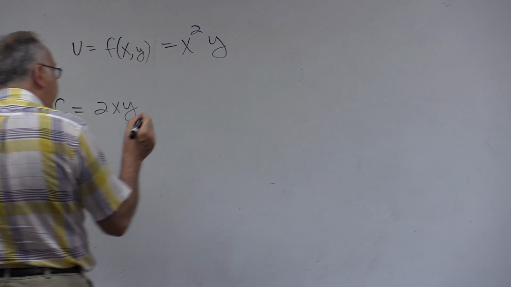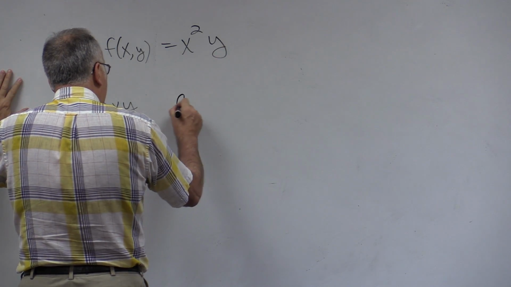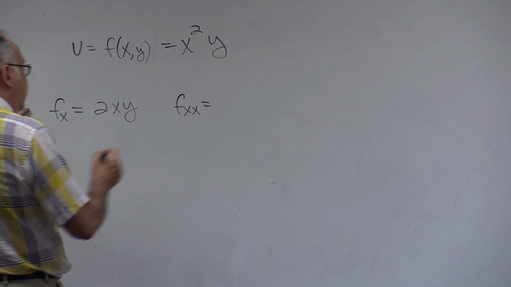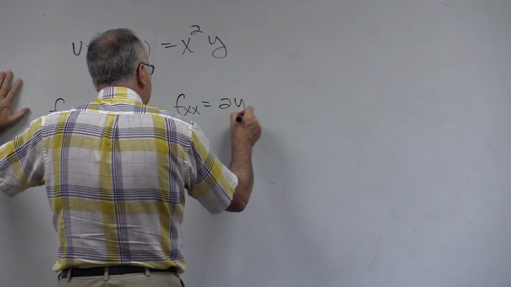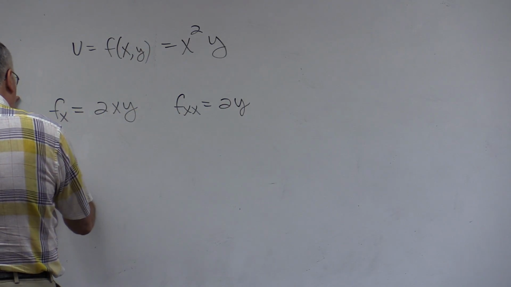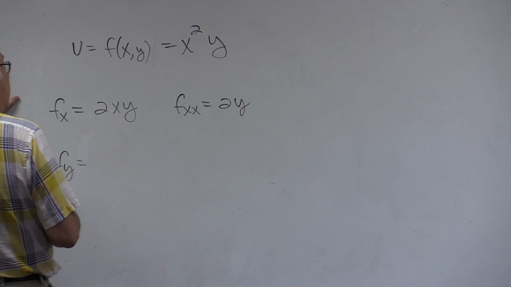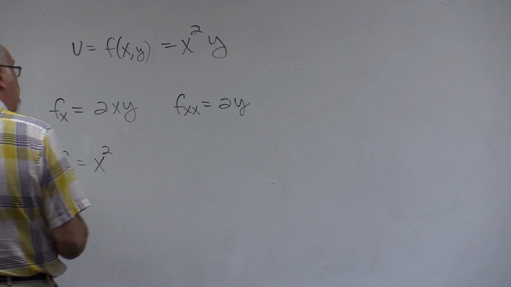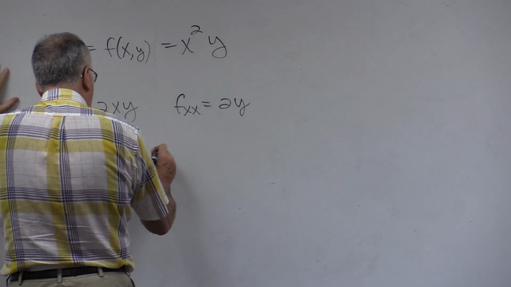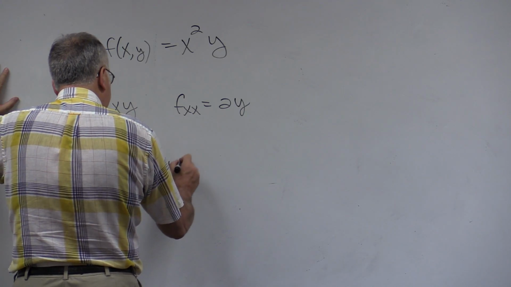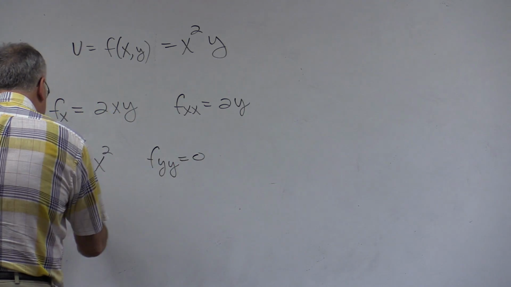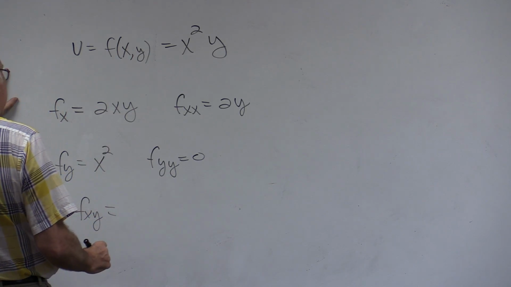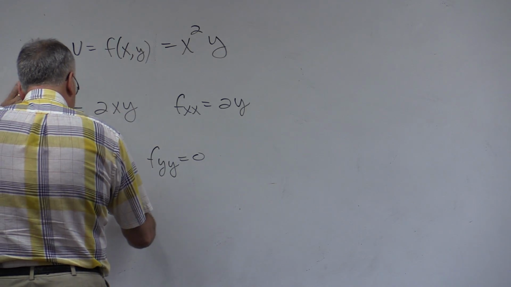And we want to look in particular at the second derivatives. What is f sub xx? That's just going to be 2y. F sub y is just x squared. F sub yy here is 0. F sub xy is equal to 2x.